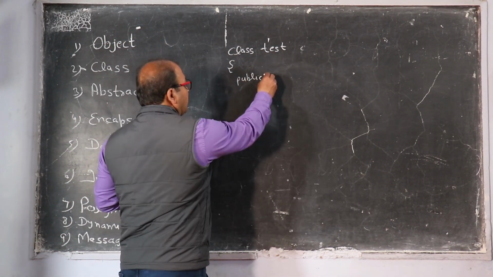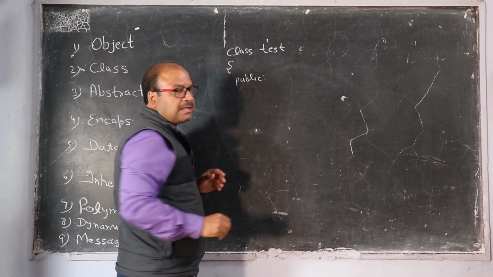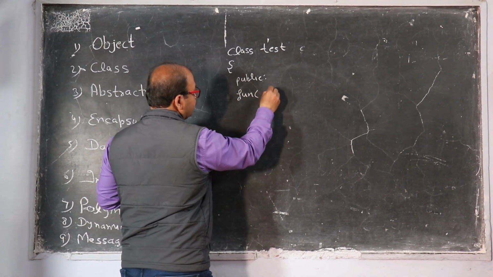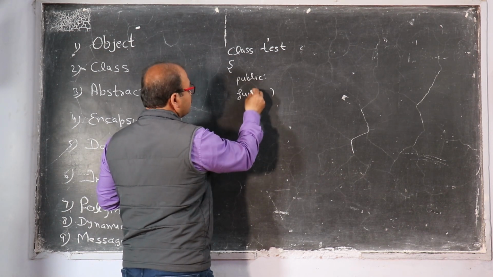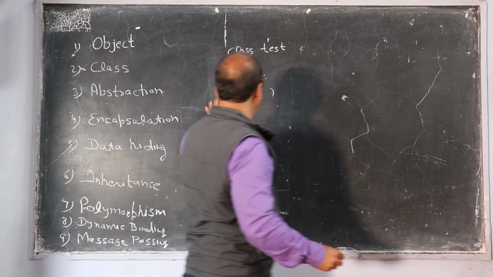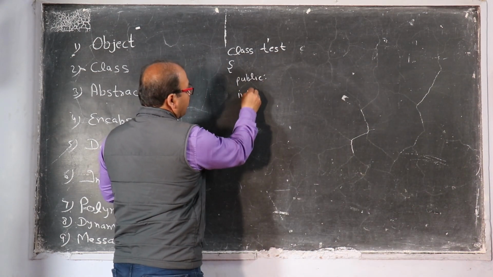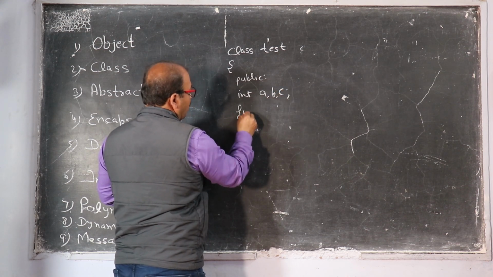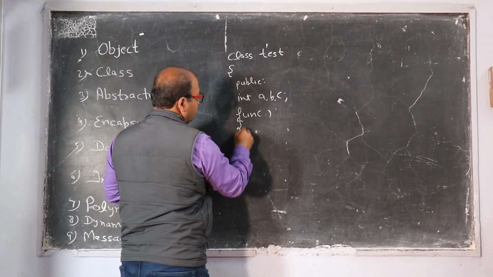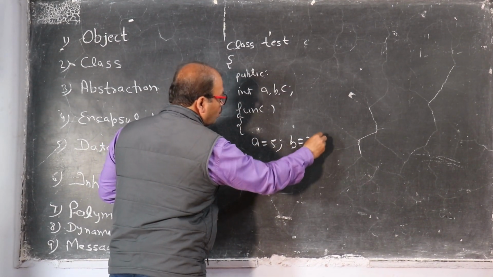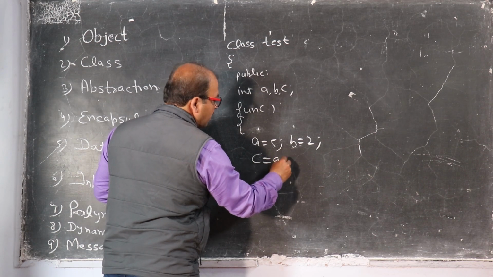Say there is a function. You can declare some variables before that function, say int A, B, C. Now in the function, if I write A is equal to 5, B is equal to 2, then C is equal to A plus B.